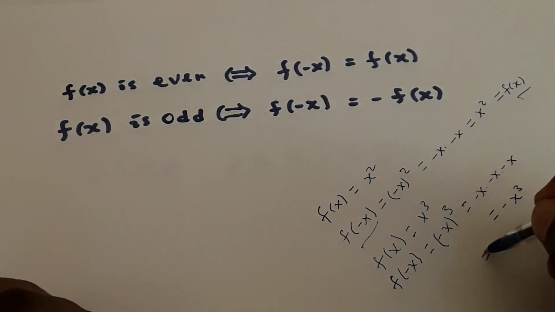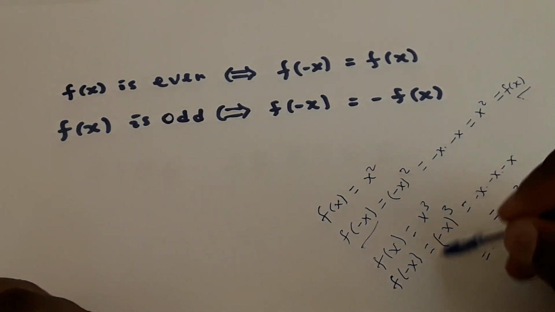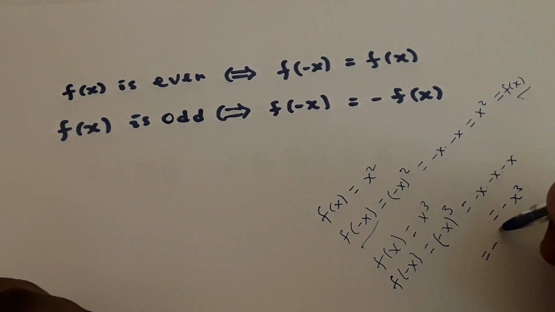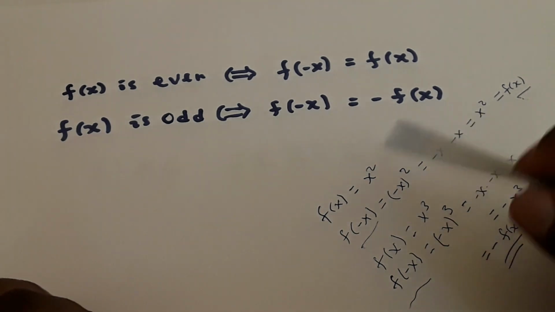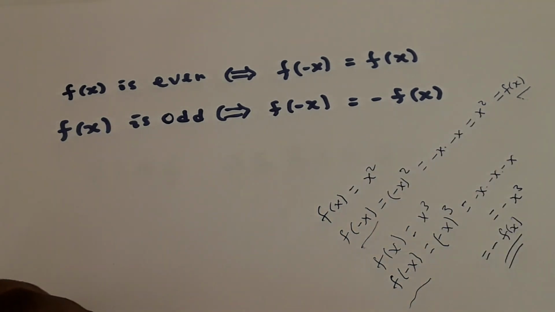So this means minus x cubed, that is, f of minus x is minus f of x. So the function is an odd function. Naturally, cos x is an even function, sine x is an odd function. Of course, many functions are neither even nor odd.